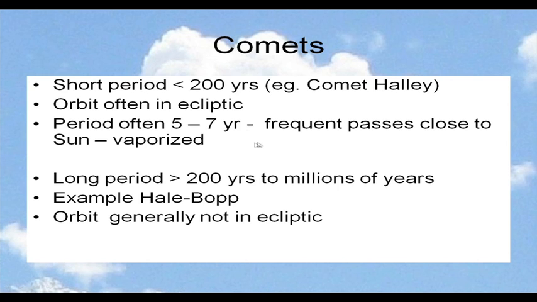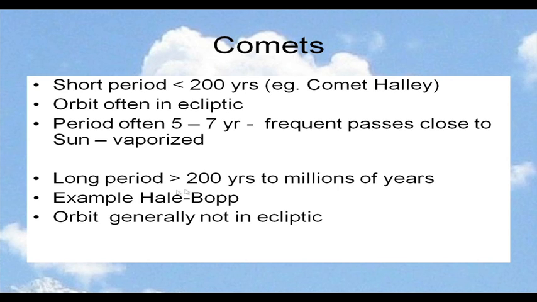They are not very spectacular because they lose their material pretty fast, and they do not last for a very long time either. But Halley's comet we know has a period of 76 years, so it will go through several orbits before it is completely vaporized. So, these are the short period comets.